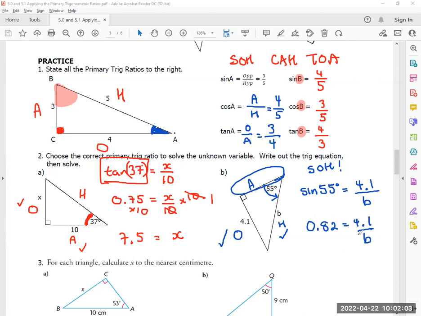Now I want B all alone. So here's a little bit of algebra. You might think, can't I just multiply both sides by 4.1 just like we did here? Not really. What's being divided right now? It's B. Let's get rid of that fraction so we feel more comfortable. Multiply both sides by B, and you get 0.82B is equal to 4.1.